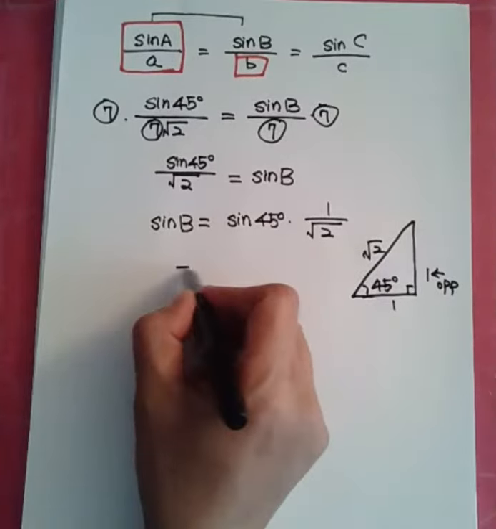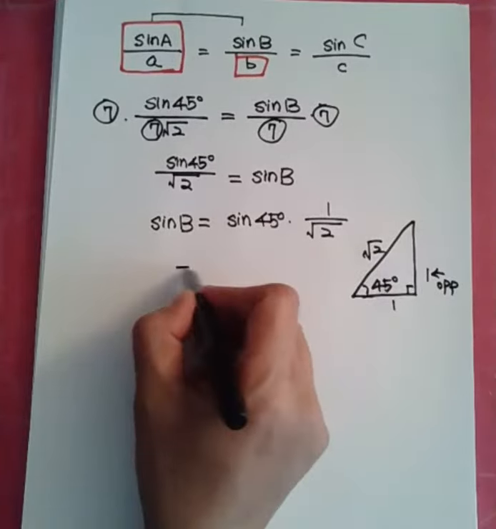From here, what we know is we have to solve the equation sine of B equals 1 over 2. So we have to think about the angle ranges between 0 and 180 degrees whose sine value is 1/2.